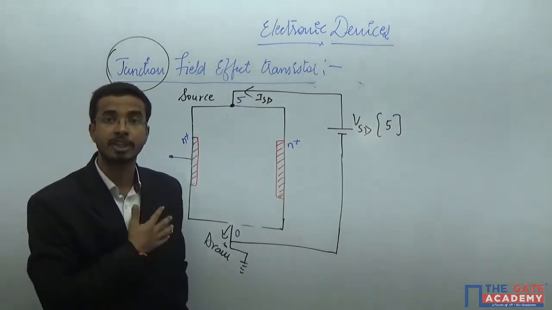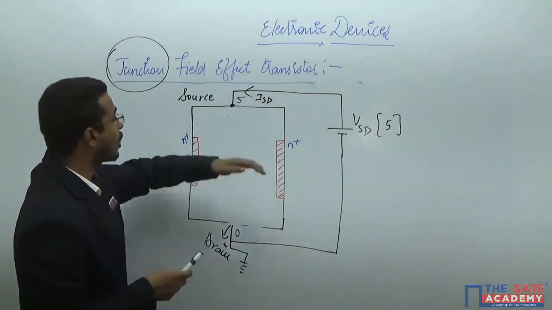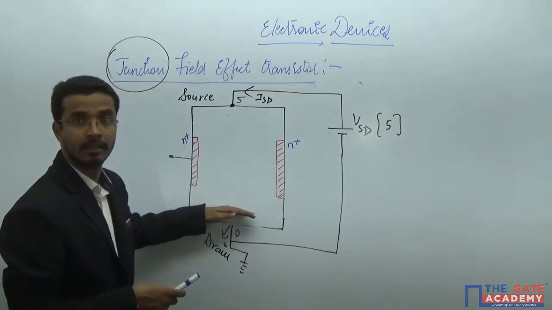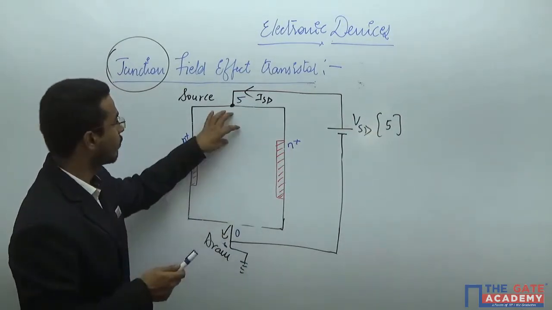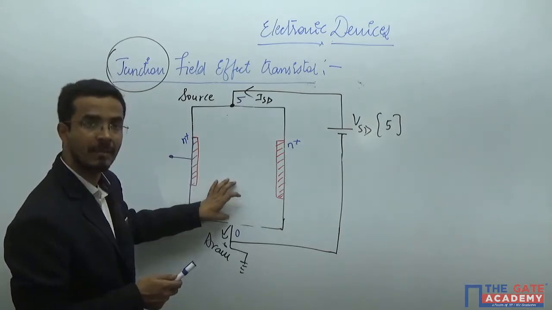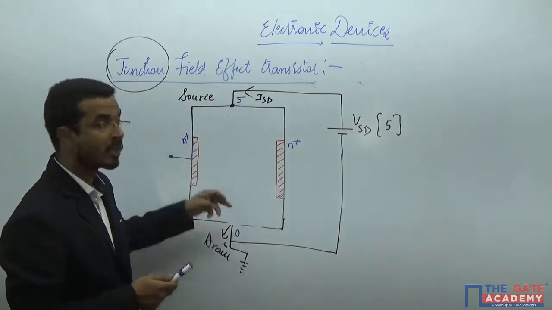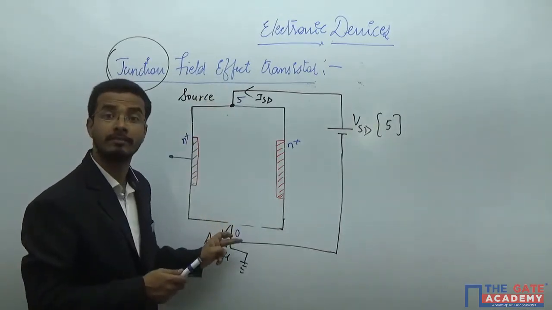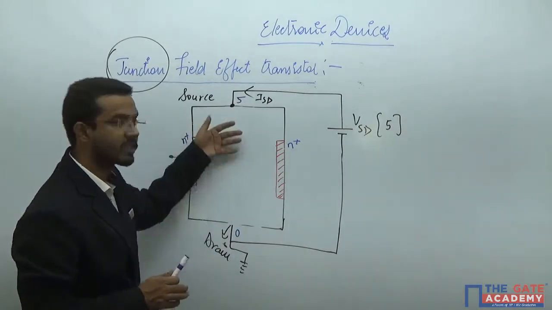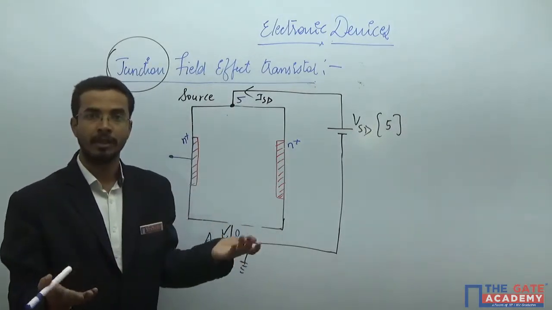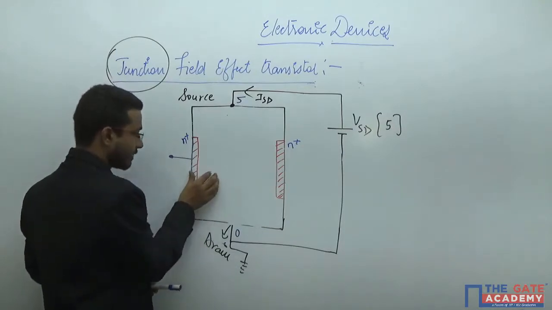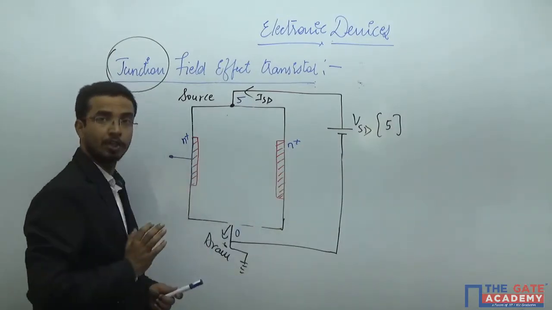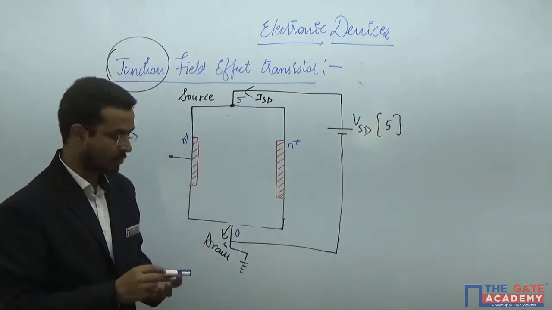What is my approximation? The voltage is not dropping gradually here. That means here the voltage is the same, here the voltage is the same, and here the voltage is the same, except the boundaries. Here 5 volt, here directly you will get 0 volt, and the rest of the device has the same potential. And if the voltage difference is the same across these two junctions, the depletion region will be constant.